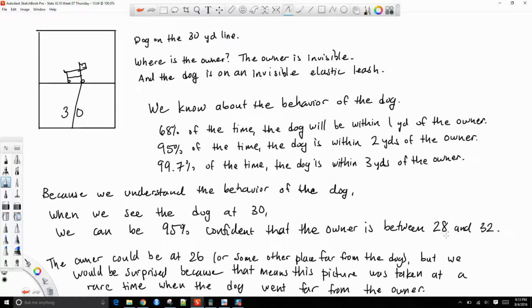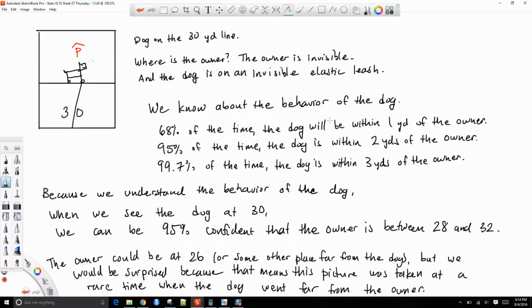Okay, so the analog here is that the location of the dog is like p hat. Okay, when we took that sample of M&Ms out of the tank, we can figure out the sample proportion. We can see where p hat is.